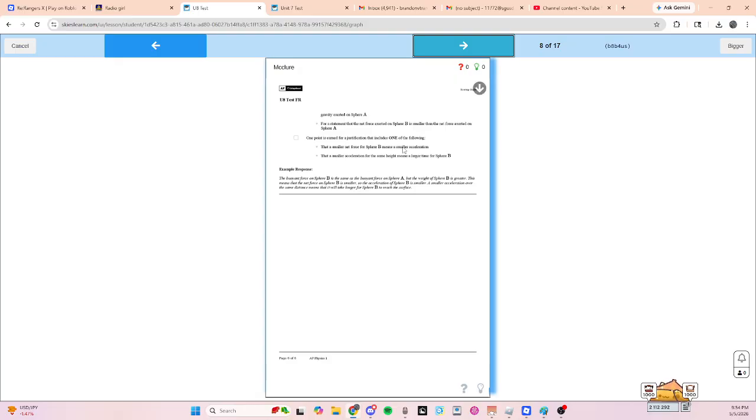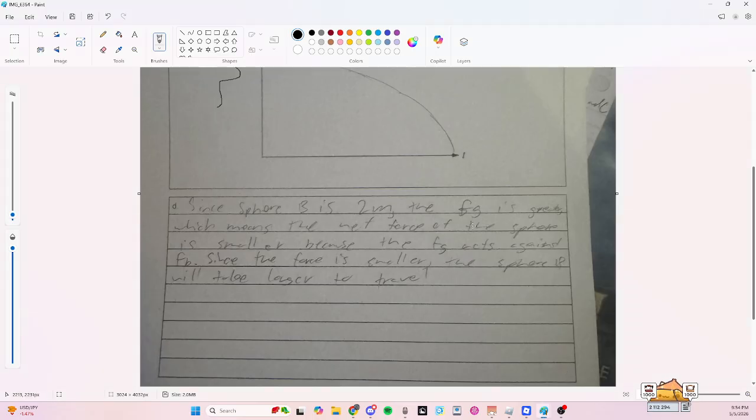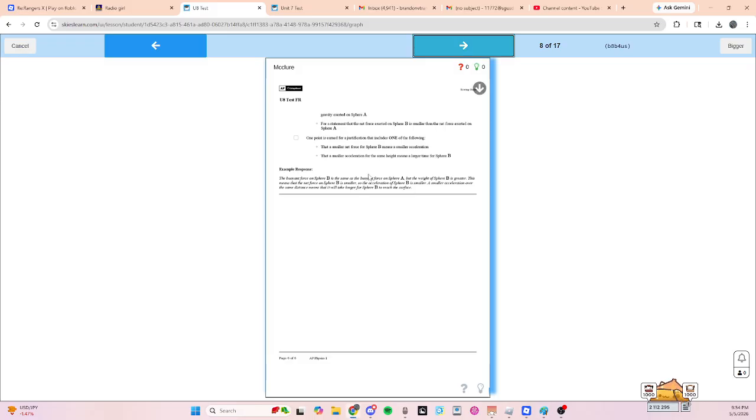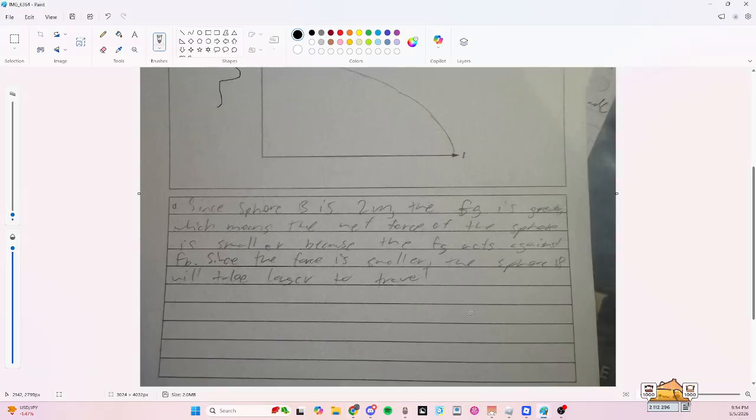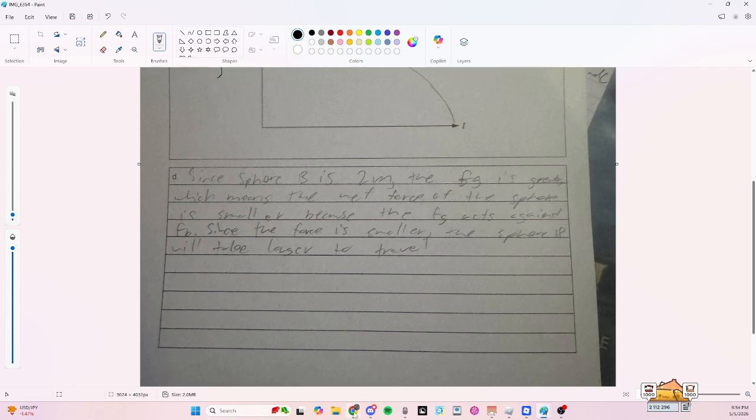And then includes one of the following: smaller net force on sphere B means smaller acceleration. The net force is smaller, yep, I said that. That is smaller acceleration. I didn't really specify the second part, so I guess I only got 1 point. I kind of just jumped to the force making it slower. So I got 1 out of 2.